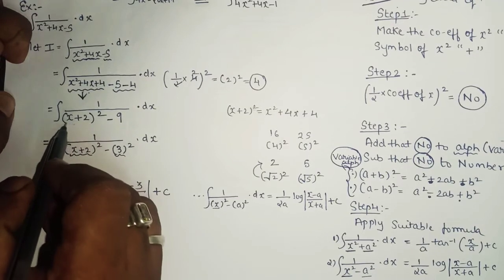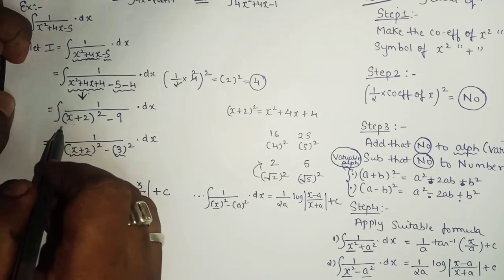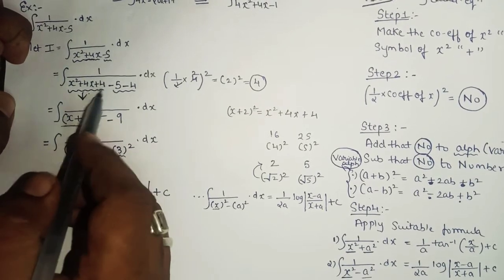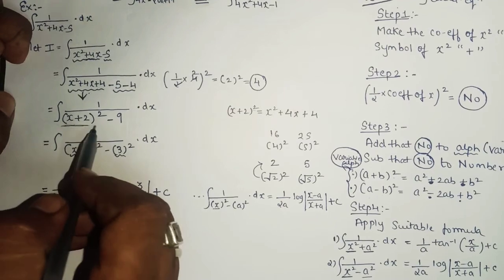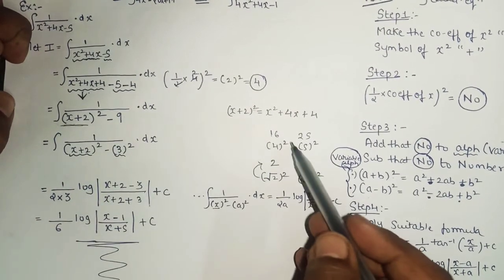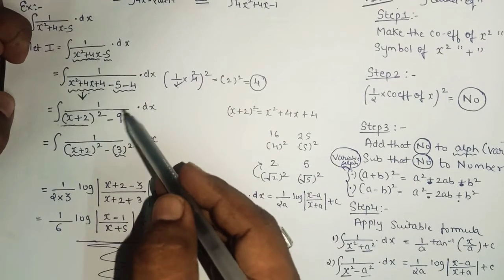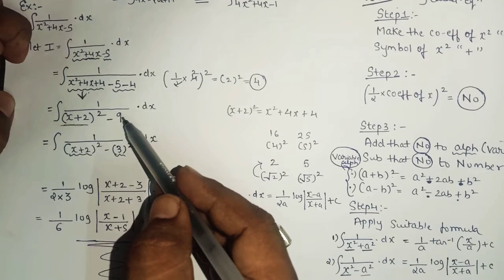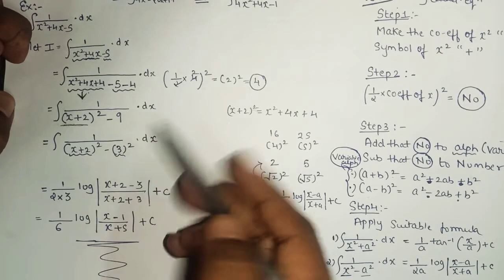I hope you all know this, as we used to do this step in 10th standard also. Yes or no? Directly, you just have to see the first and last term, take the square root of this, and convert into (a plus b) the whole square or (a minus b) the whole square. Whenever you come across 9, in the next step you can write this 9 as 3 the whole square. Just check the square root. Square root of 9 is what? 3.